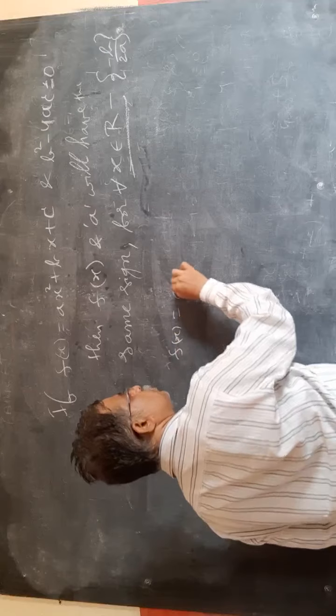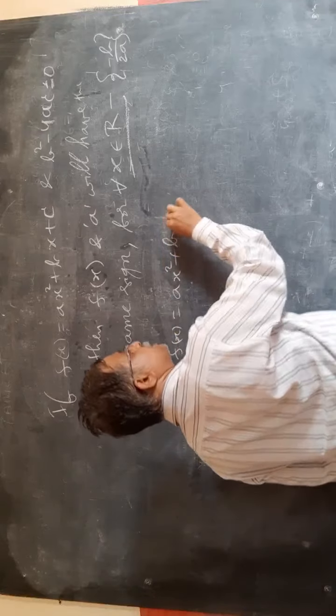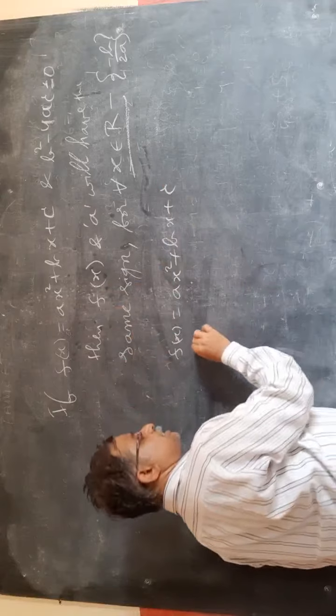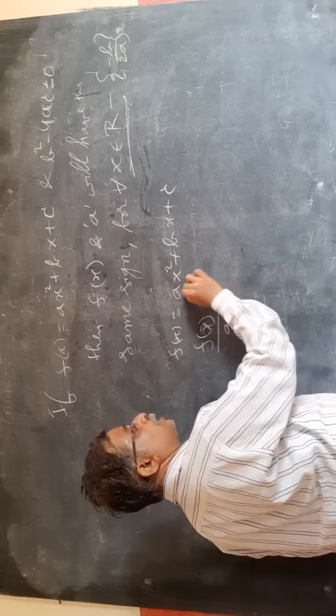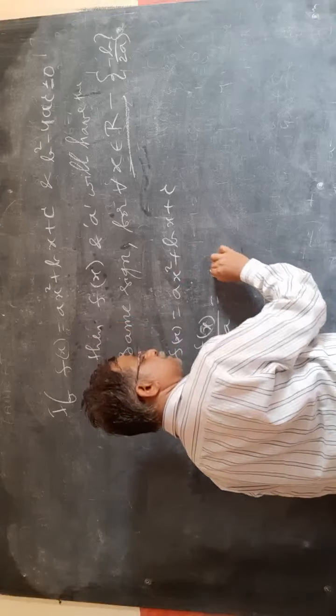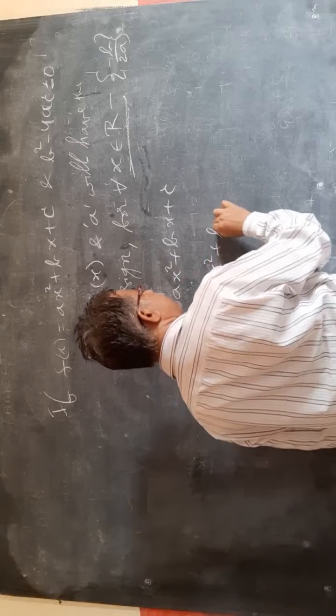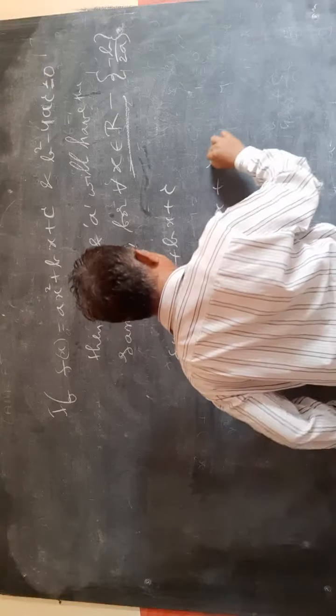f of x equals ax square plus bx plus c. Dividing on both sides by a, f of x by a equals x square plus b by a x plus c by a.